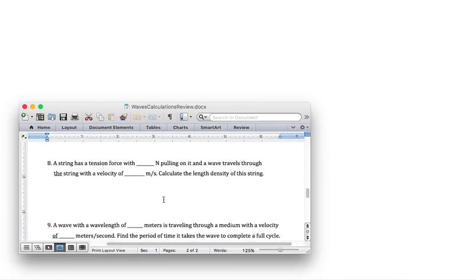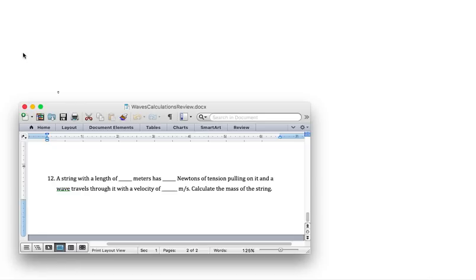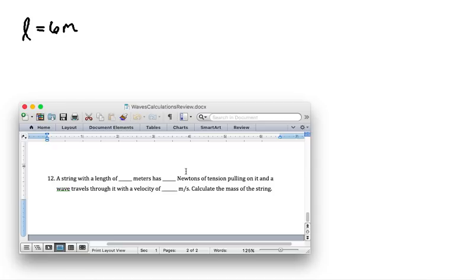Let's go to your last problem on this, number 12. It's the same problem, just deals with a little bit more messy algebra, which is the thing that throws a lot of you off. A string has a length of blank meters. So let's give this string a length of, I'm going to say 6 meters. And it has blank newtons of tension pulling on it.